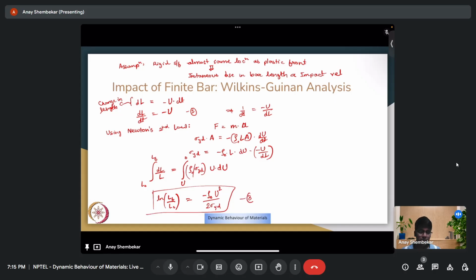So what they did was they used this to evaluate how the dynamic yield stress looks like, and what they observed was this relation where Lf is equal to L naught exponent of minus rho naught u square by 2 sigma yd. This exponential nature of this equation matched well with observations.